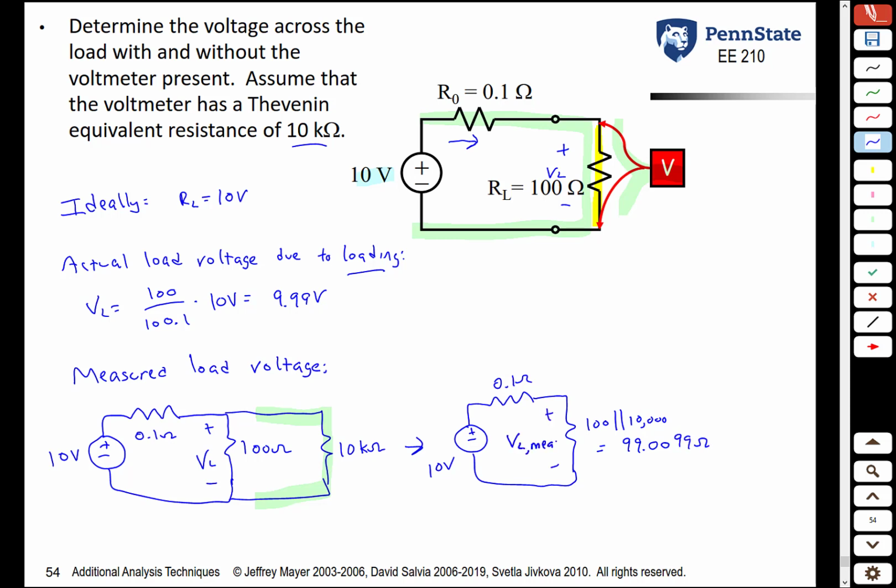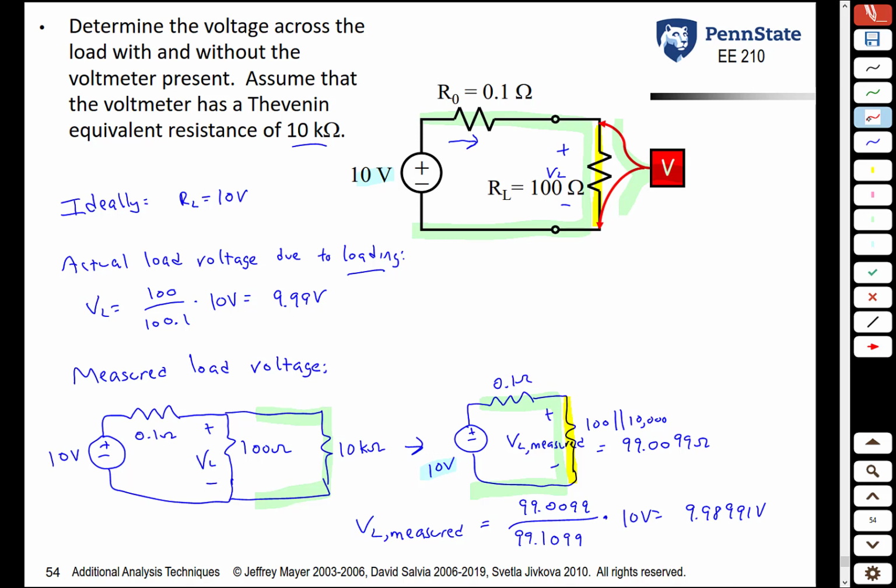So the VL measured is that resistance over the sum of those two resistances times that. So VL measured is 99.0099 over 99.1099 times 10 volts, or 9.98991 volt.